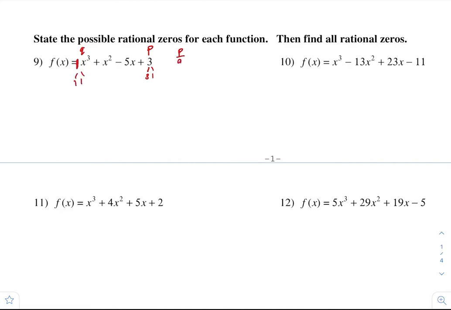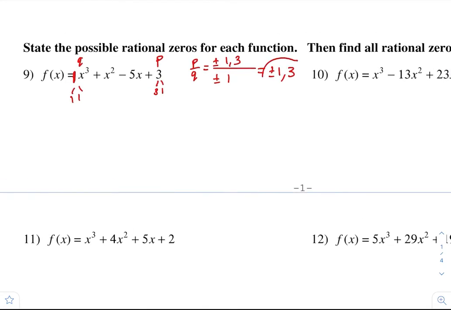So our P over Q, our factors of P we found was 1 and 3, our factors of Q was 1. So 1 over 1 is plus or minus 1, 3 over 1, 3. So this is all our possible rational zeros.